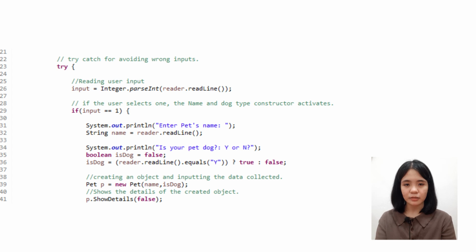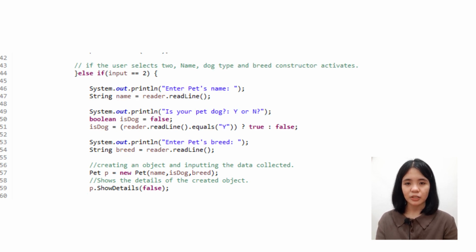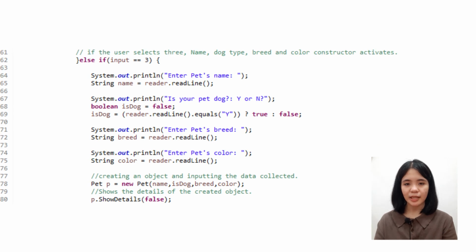For the first statement, if the user selects number 1, the constructor that accepts the pet's name and type will activate. For the second statement, if the user selects number 2, the constructor that accepts the pet's name, type, and breed will activate. For the third statement, if the user selects number 3, the constructor that accepts the pet's name, type, breed, and color will activate.